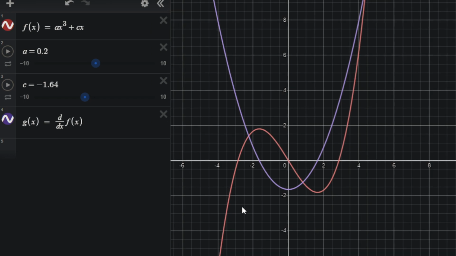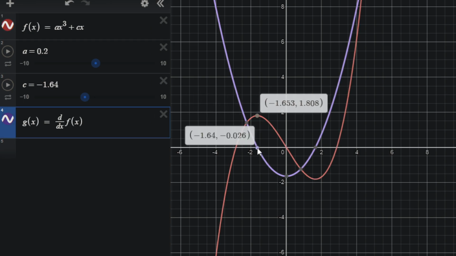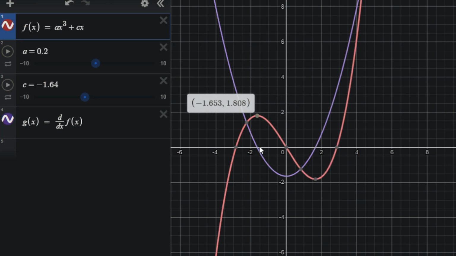So just looking at the red line, we see that the function is increasing until about right here, what we would call the local maximum, right? And that corresponds to the derivative being positive until that exact same point where it hits 0, right? The derivative is 0 at that point, which means that we have a local maximum at that point.